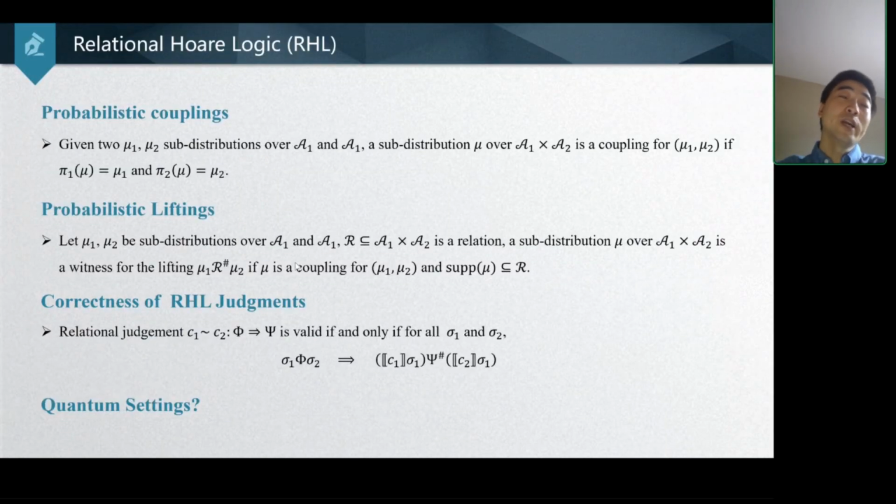Probabilistically, we work on probabilistic coupling, and we can also have probabilistic lifting. The correctness of relational Hoare logic is that if for all sigma 1 and sigma 2, the inputs jointly satisfy phi, then the output will be able to lift to satisfy psi.